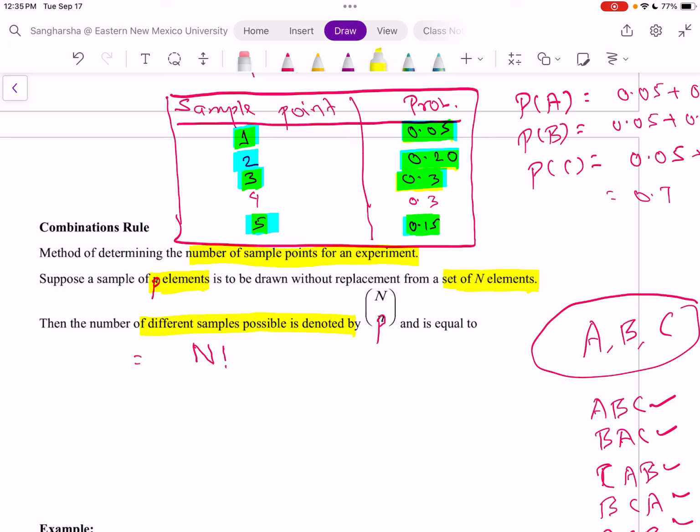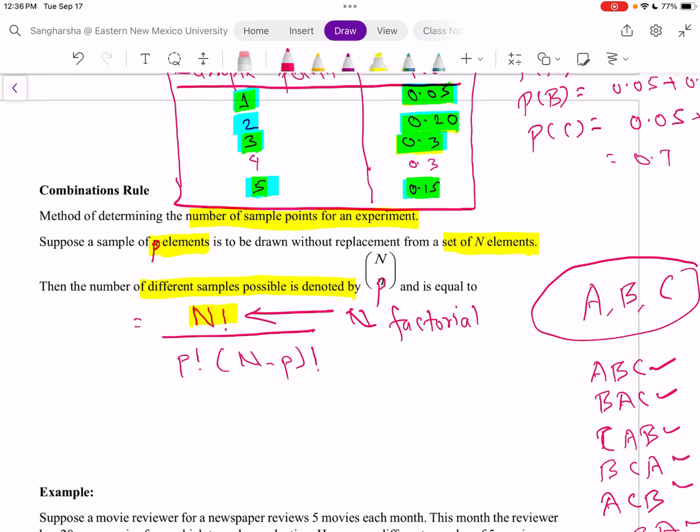This is n factorial, and we'll define what n factorial is. So the number of possible samples is n factorial divided by p factorial times (n minus p) factorial. This is how we read it. This is the formula that gives us the different possible samples.